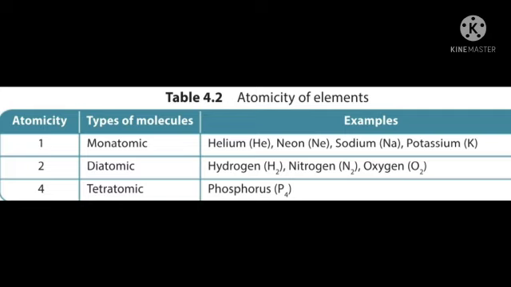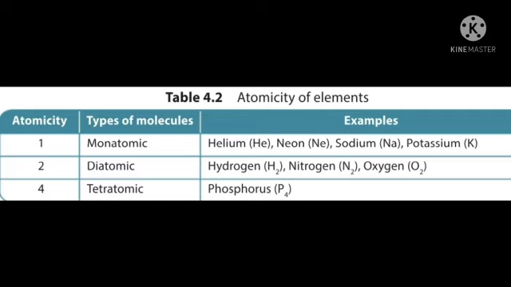Diatomic, 2. Tetratomic, 4. Examples of tetratomic: phosphorus P4. Diatomic: hydrogen H2, nitrogen N2, oxygen O2. For monatomic: helium, neon, sodium, potassium.